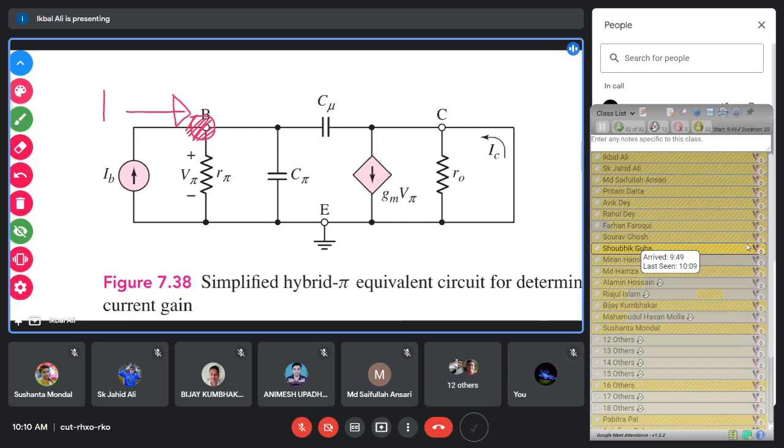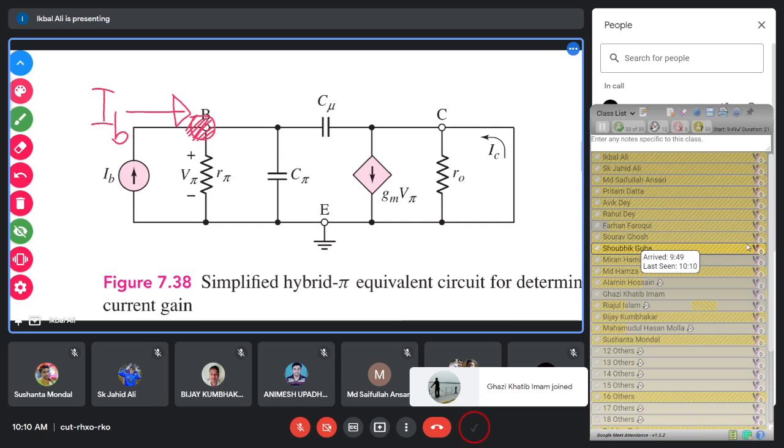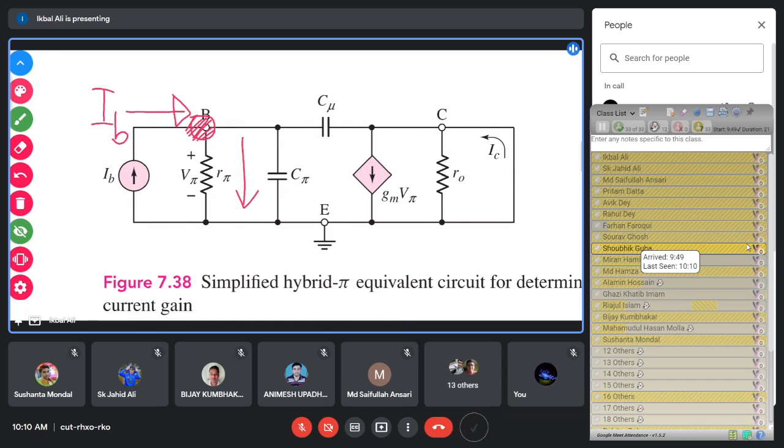So this is your IB, because the signal generator is connected here. What will be the current flowing through this branch? Suppose the current will flow in this way. The voltage across this branch is V pi.